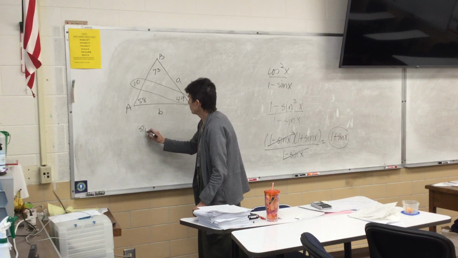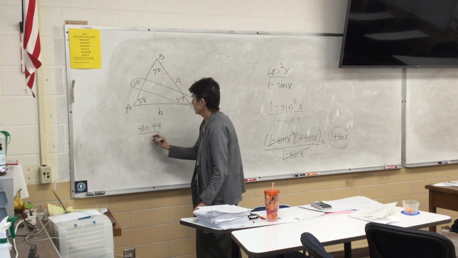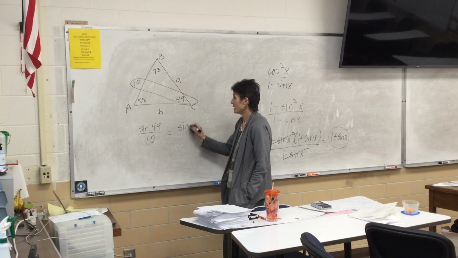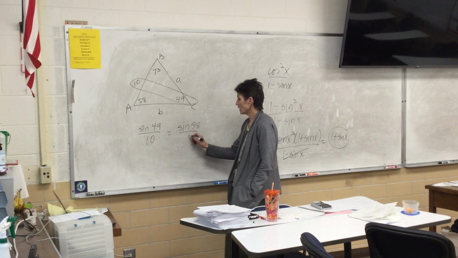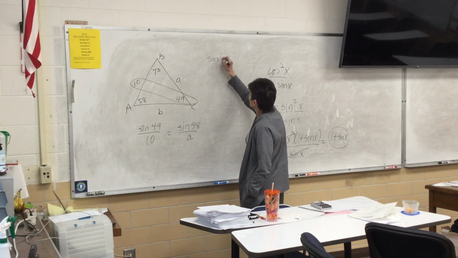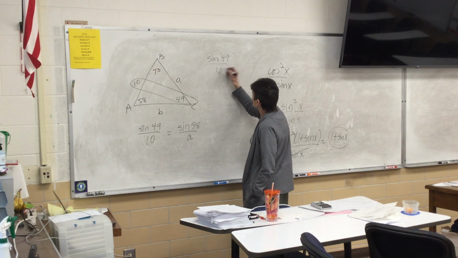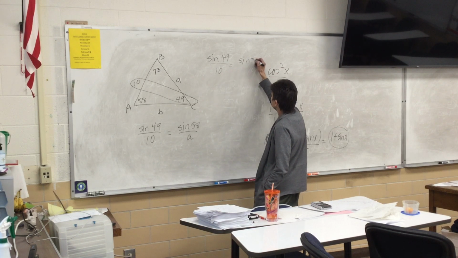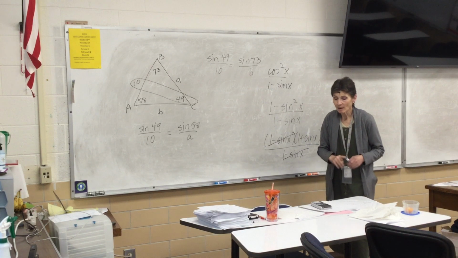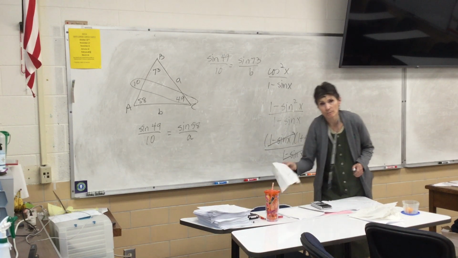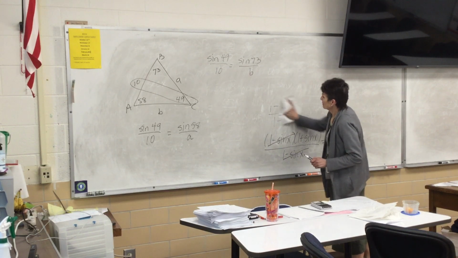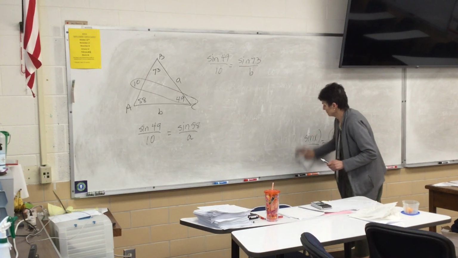So sine 49 over 10 equals sine 58 over A, or sine 49 over 10 equals sine 73 over b. And I said or, but it's not really an or, because you got to do both. The order you do them doesn't matter, but you have to do both.